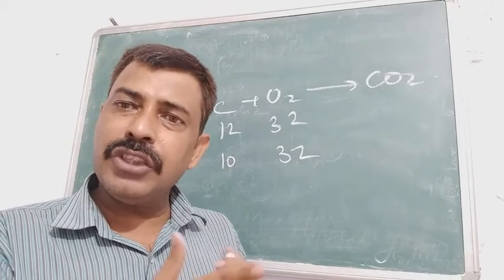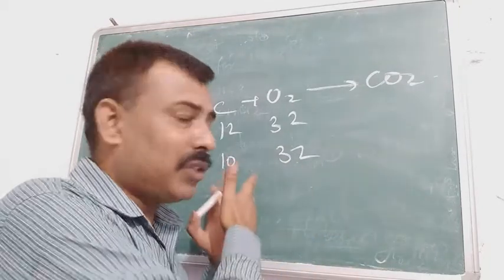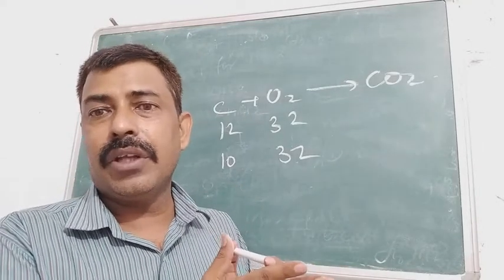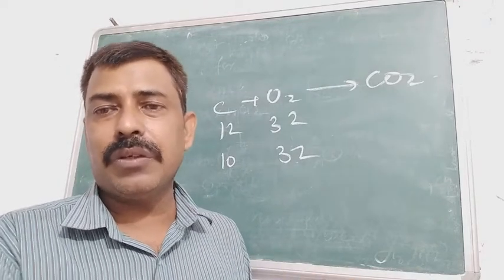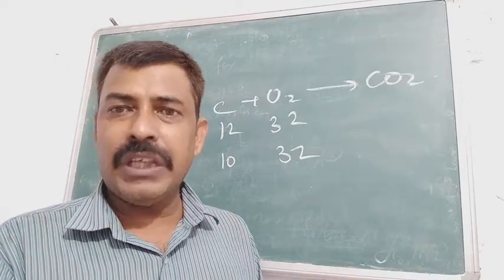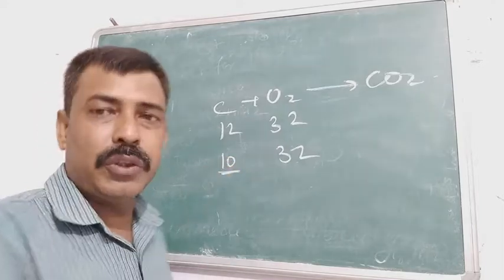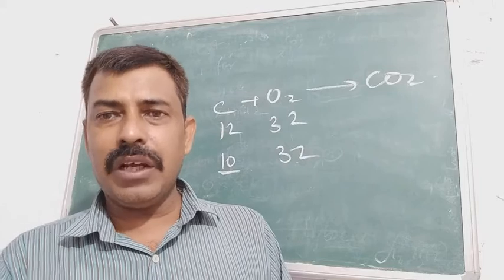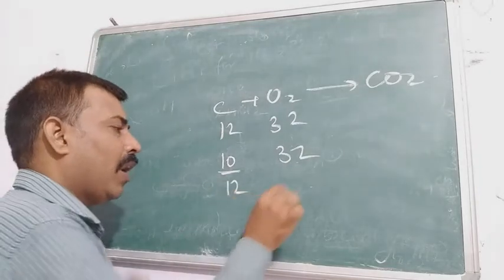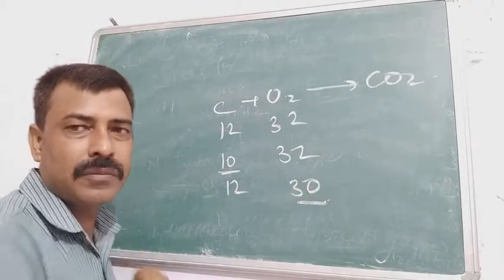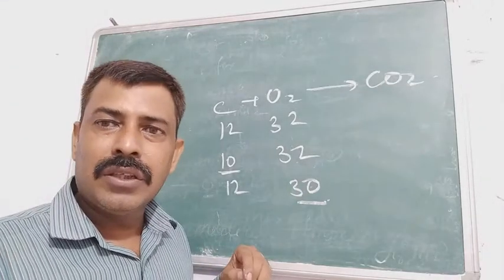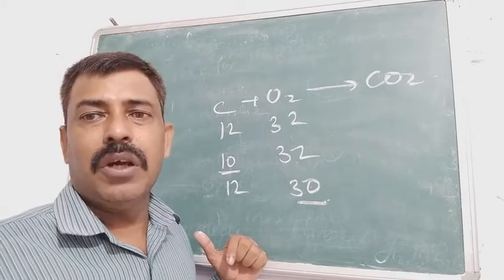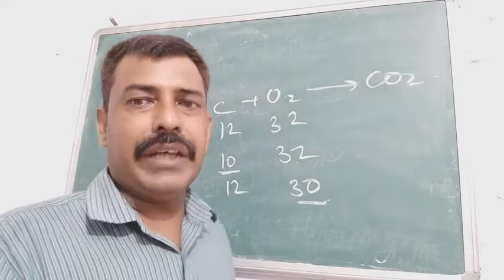And if the carbon is consumed first, then after its consumption the reaction will stop, the reaction will be limited at that specific value. That means here carbon is responsible to stop the reaction, to limit the reaction. Similarly, if you take 12 gram of carbon along with 30 gram of oxygen, then you can see that the oxygen will be consumed first and oxygen will be responsible for limiting the reaction.